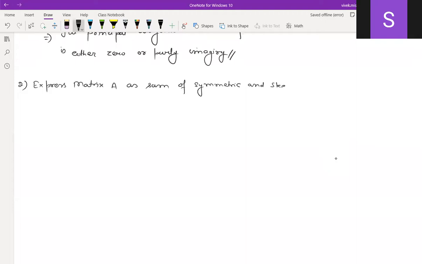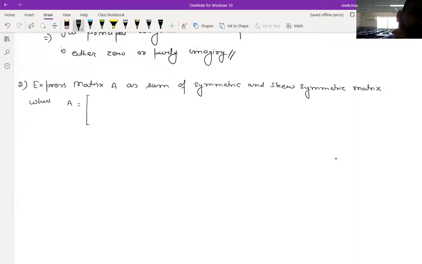And skew symmetric matrix. Where brackets 1, 2, 3, 4, 5, 6, 7, 8, 9. Where A is like 2 into 3. So 2 into 3 order? A का order 2 into 3 है, क्या कह रहे हो? 3 into 3 सर. नहीं समझा क्या?